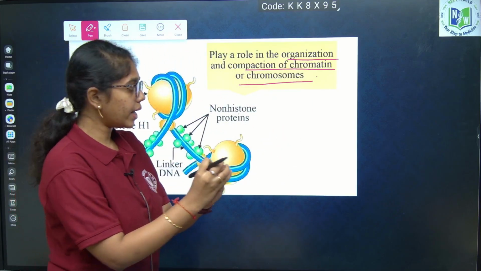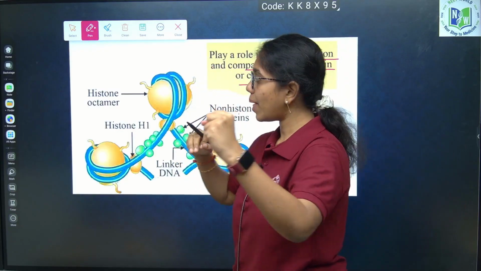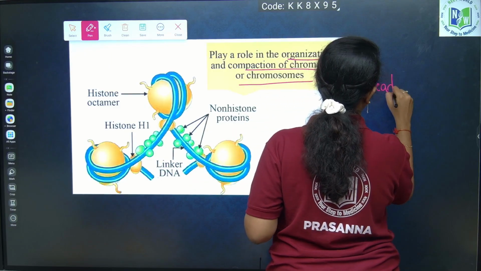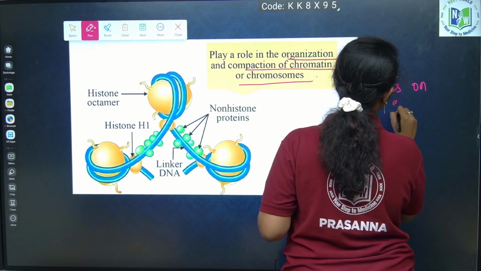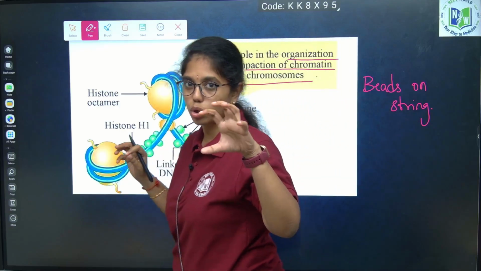In chromatin, these histone proteins and DNA are wrapped like this. That gives an appearance called the beads on string appearance. What are those beads? Beads are nothing but histone octamers.